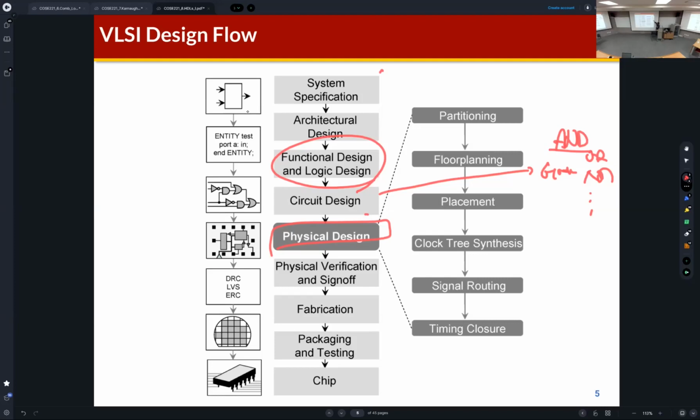So we need to define these steps, and then physical verification and sign-off.